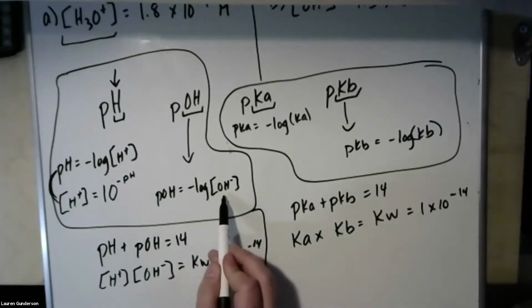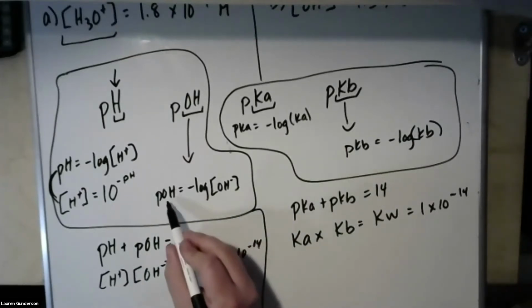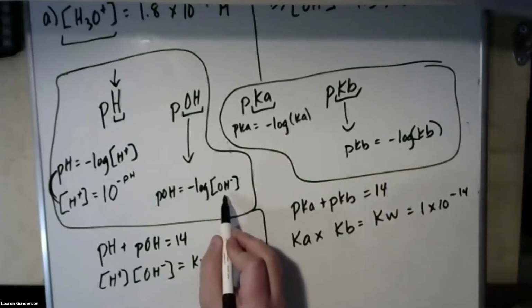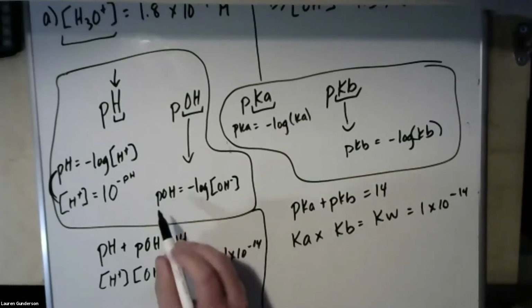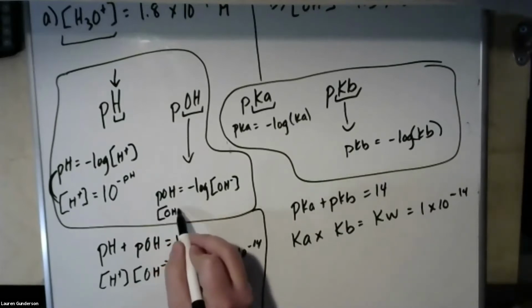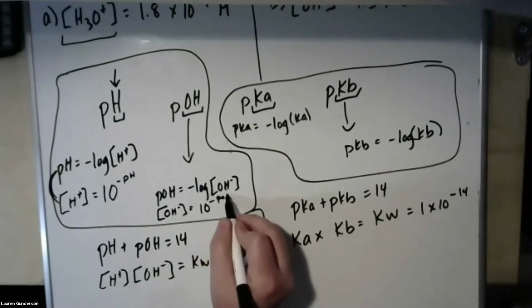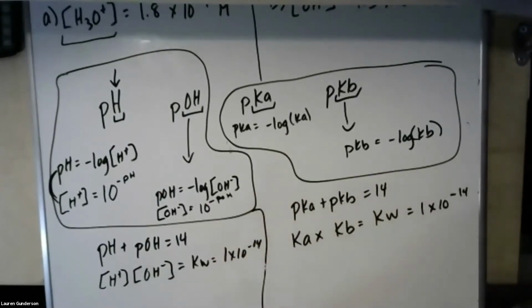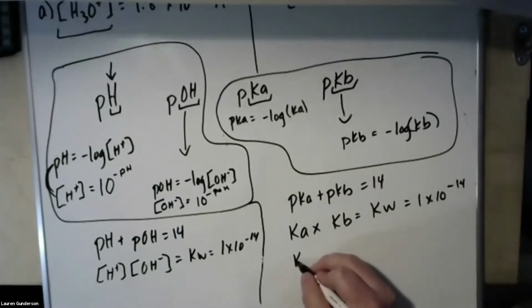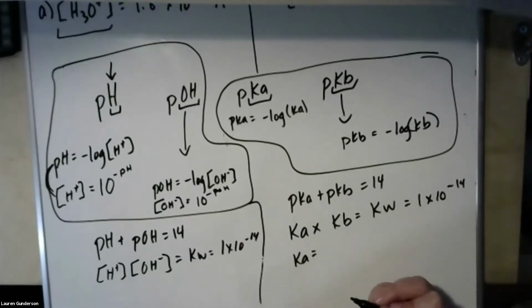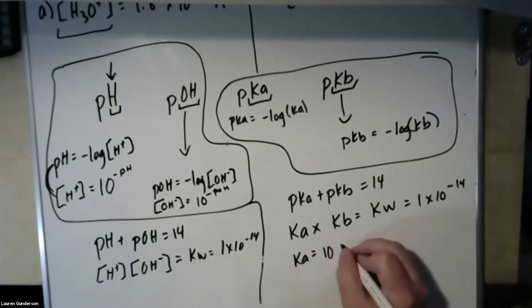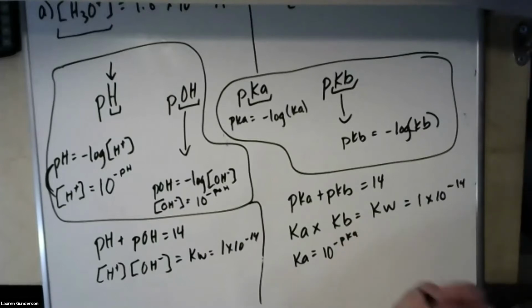Okay, if I have a pOH and I want to find a hydroxide ion concentration, I just need to use my pOH value. So I'll do 10 to the negative pOH, and that'll give me my OH minus concentration. If I want to find my Ka value, Ka is going to be 10 to the negative pKa.